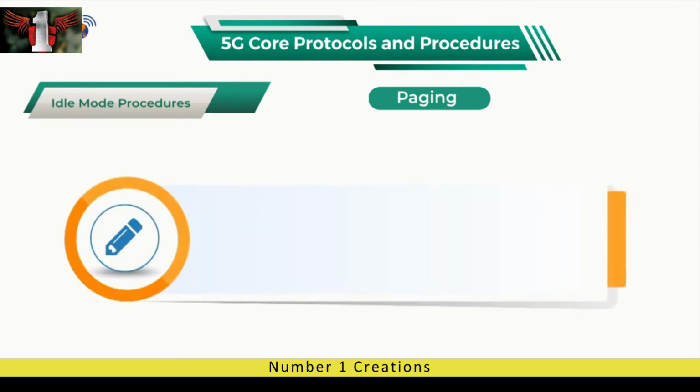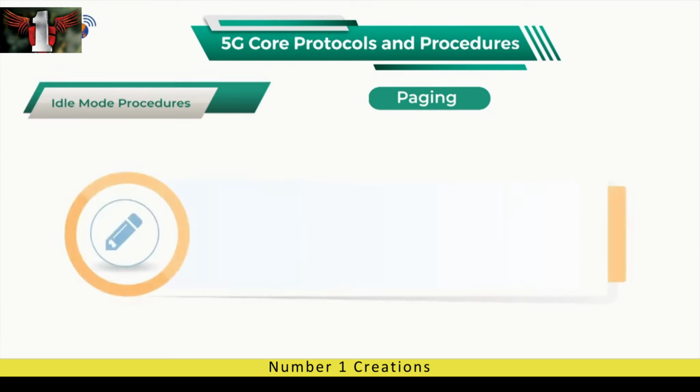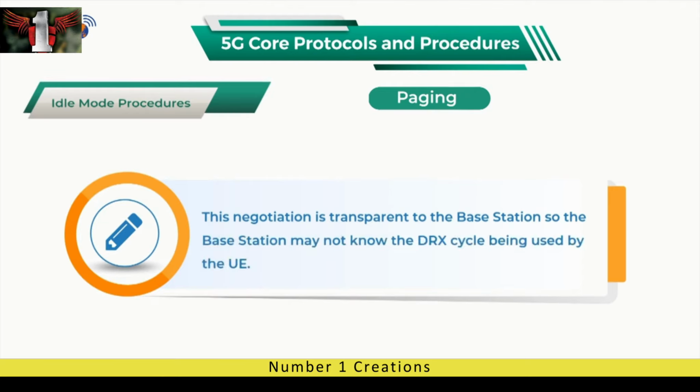The AMF may negotiate a UE-specific DRX cycle during the NAS registration procedure. This negotiation is transparent to the base station, so the base station may not know the DRX cycle being used by the UE.